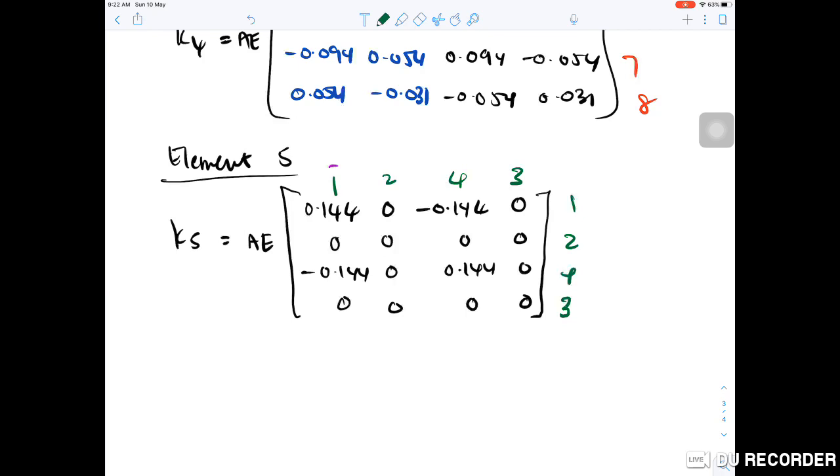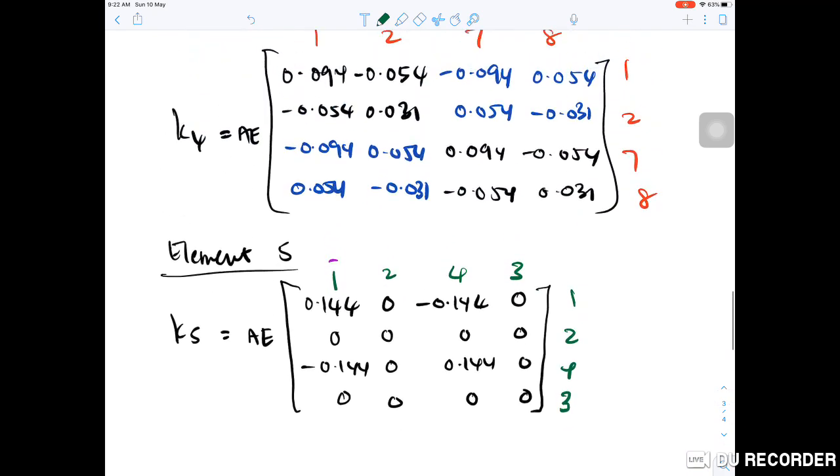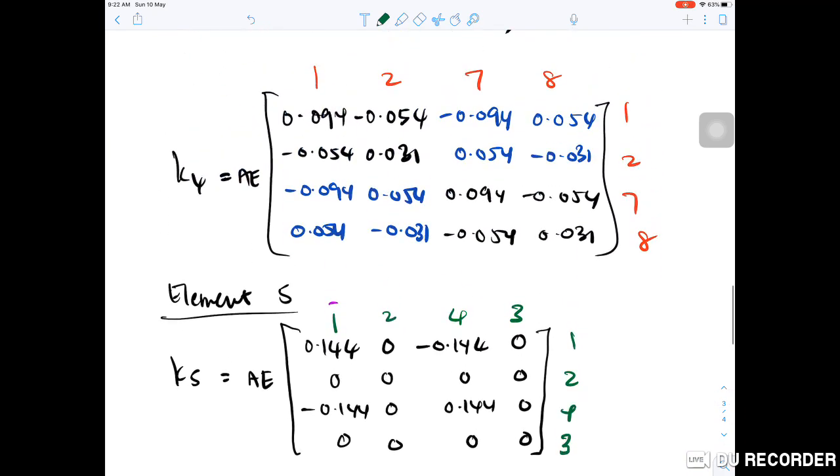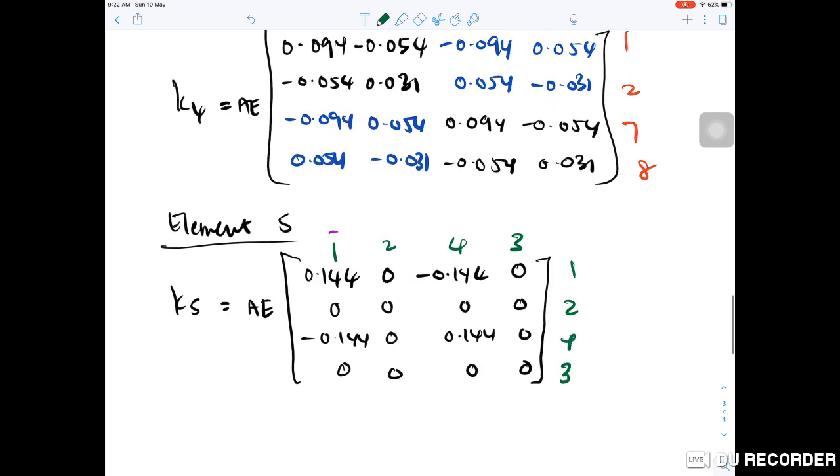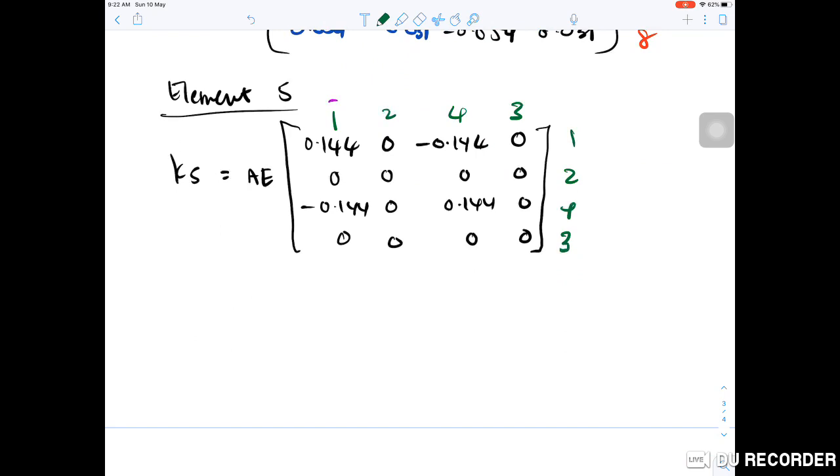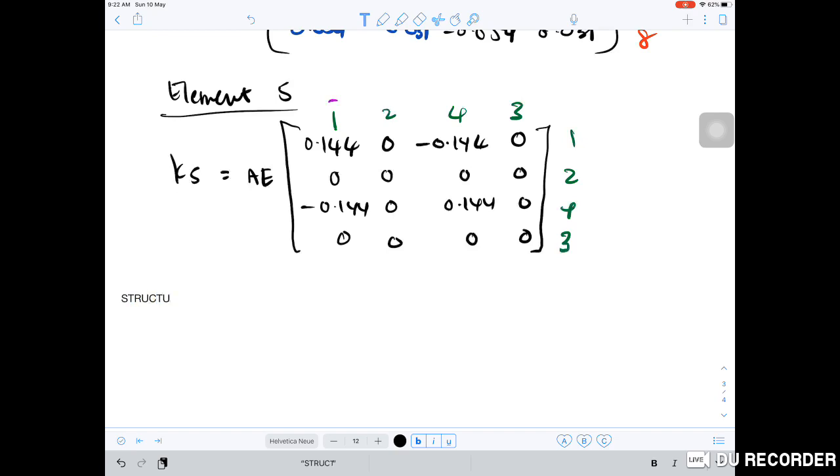Now I want to combine all to establish the structure stiffness matrix for the truss.